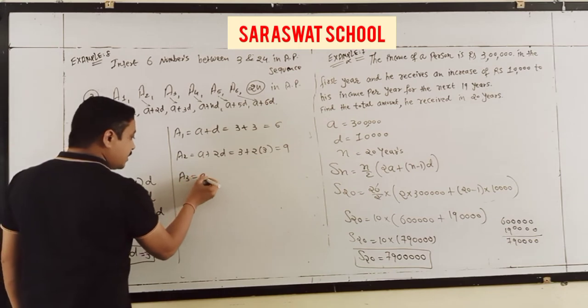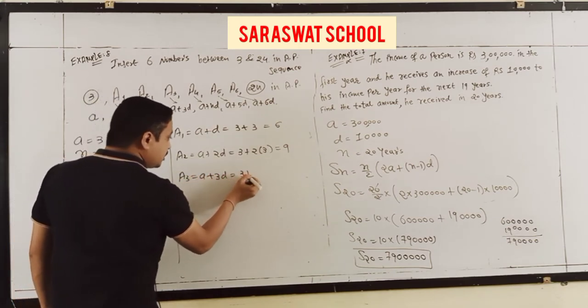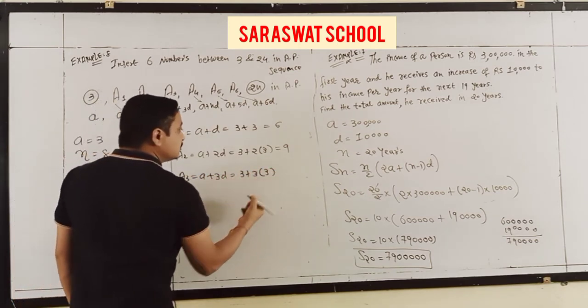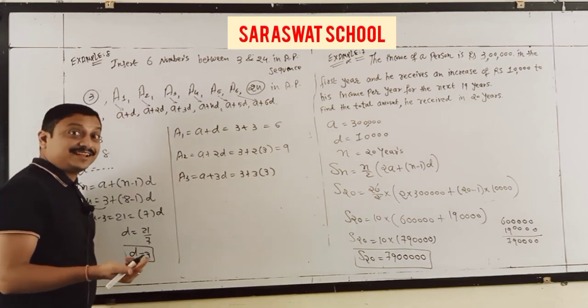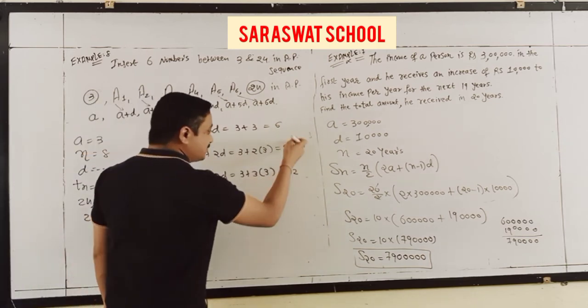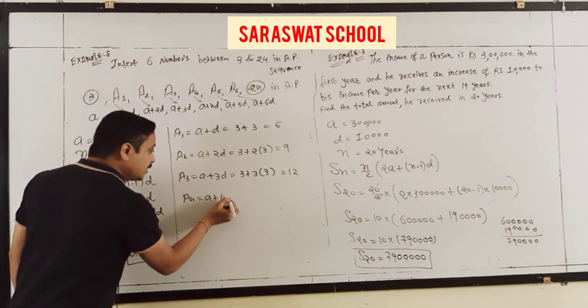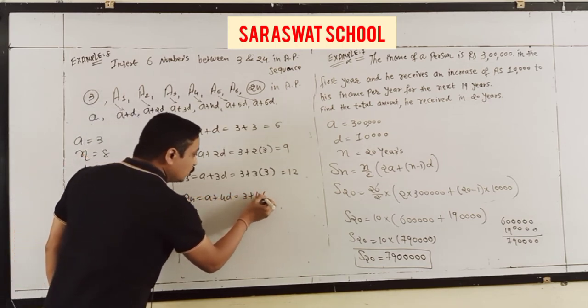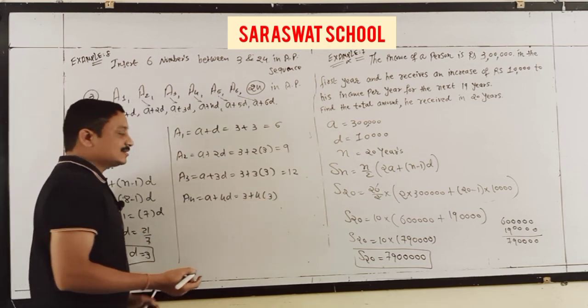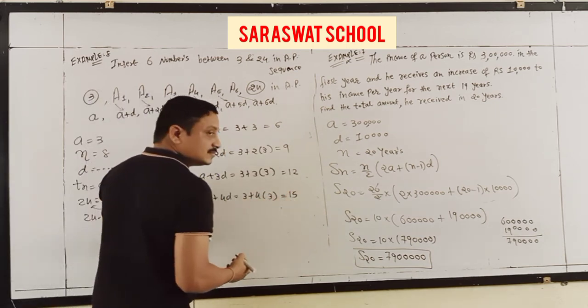A3 is a plus 3d: 3 plus 3 times 3, 9 and 3, 12. It means it increases by 3 each time. A4 is a plus 4d: 3 plus 4 times 3, 12 and 3, 15.